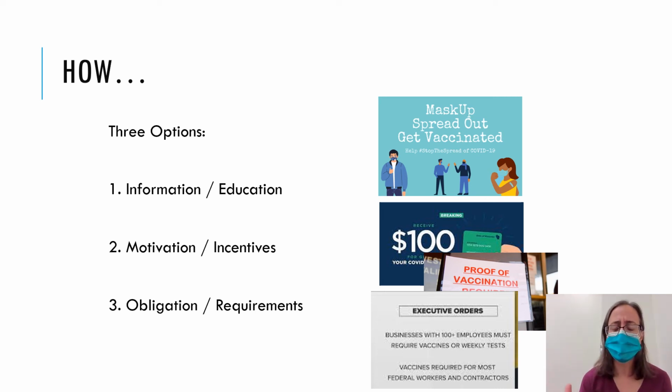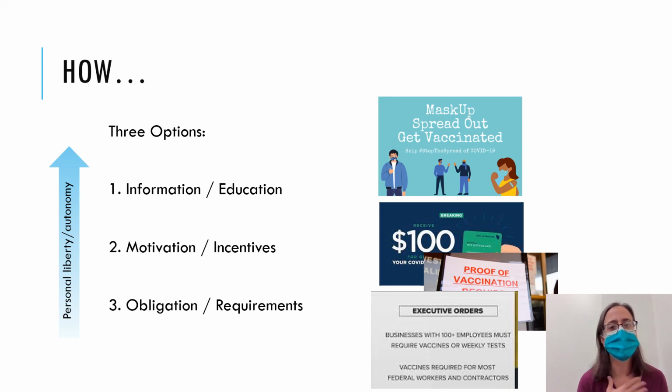So we have kind of this increasing level of authority, for example, in trying to help affect change in behavior and risk factors. And so personal liberty and autonomy, of course, is going to be the highest with that first one, right? You just give me the information, I make a decision for my own self.